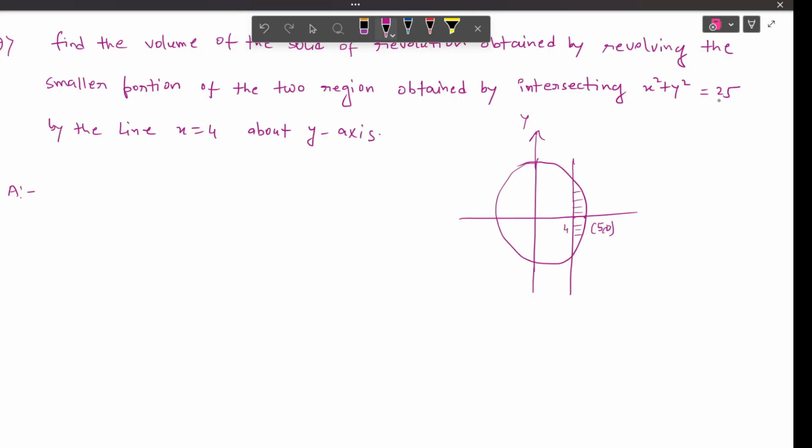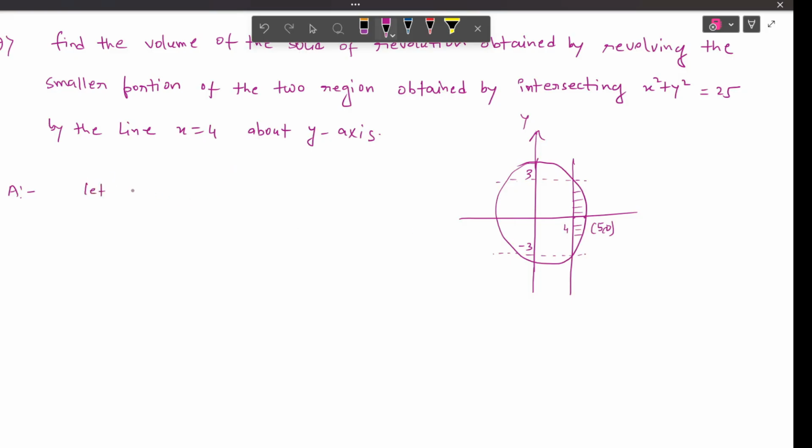Y square is 25 minus 16, that is 9. Y would be plus minus 3. So this would be your plus 3 and this would be your minus 3. Okay. So we are taking the positive sides only.